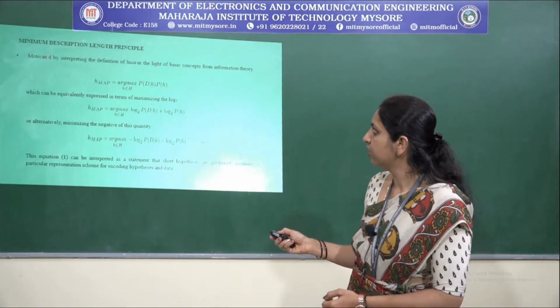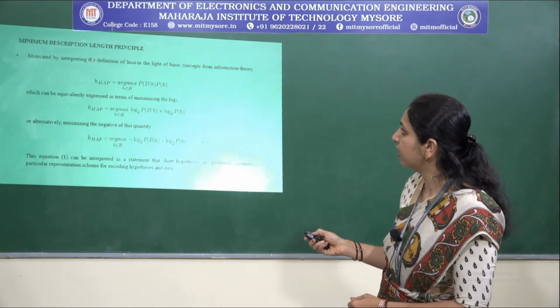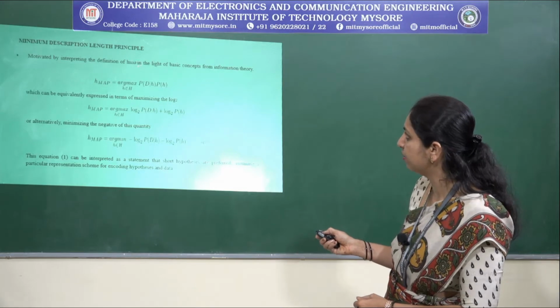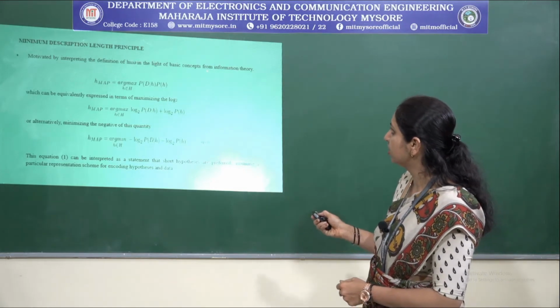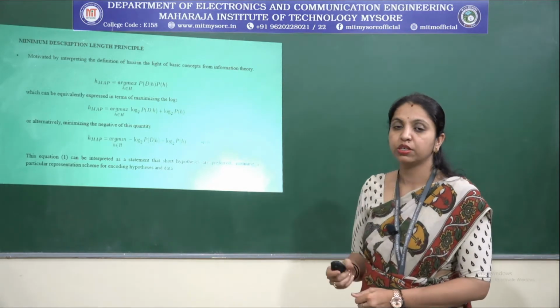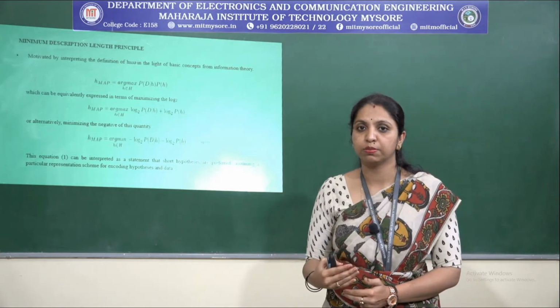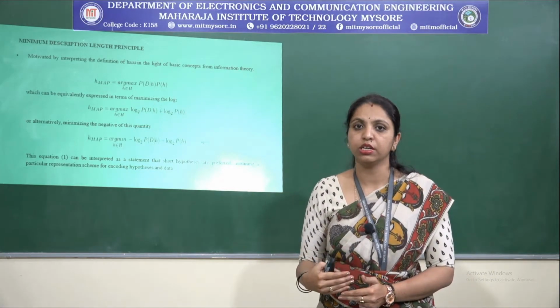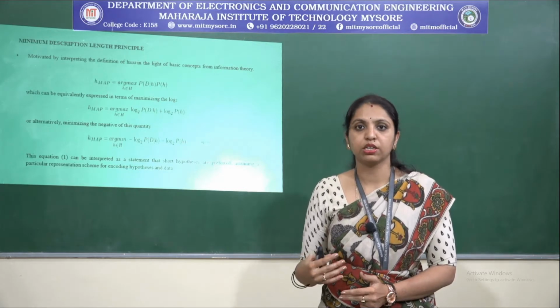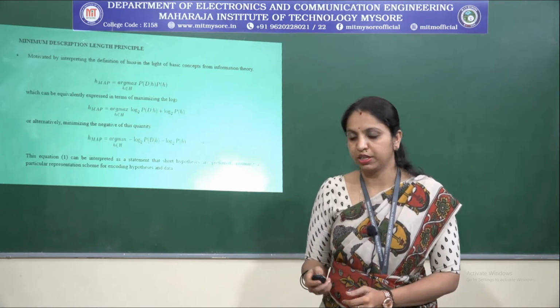As you can see here, it is motivated by interpreting the definition of Hmap in the light of basic concepts from information theory. So the basic concepts of statistics and information theory are needed to understand the concept of minimum description length.